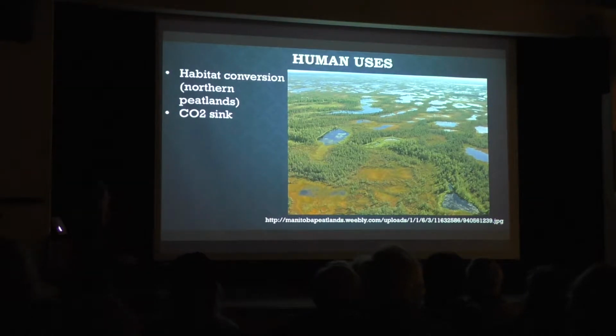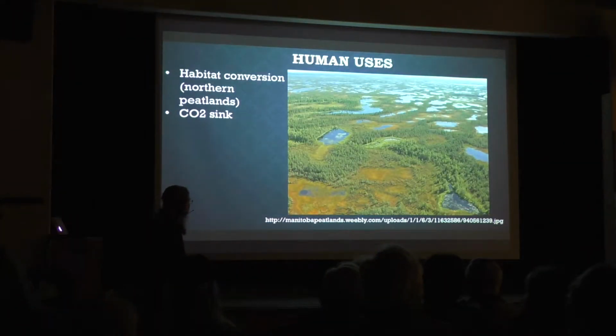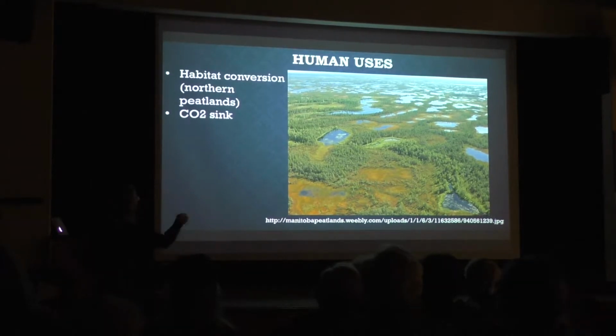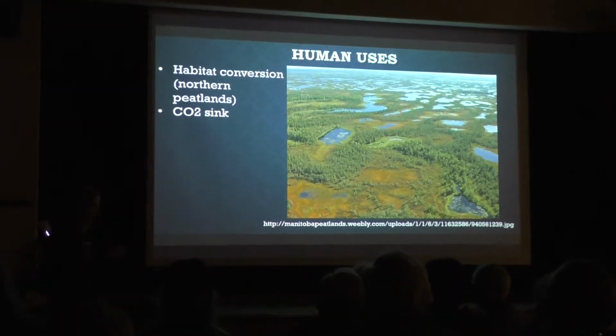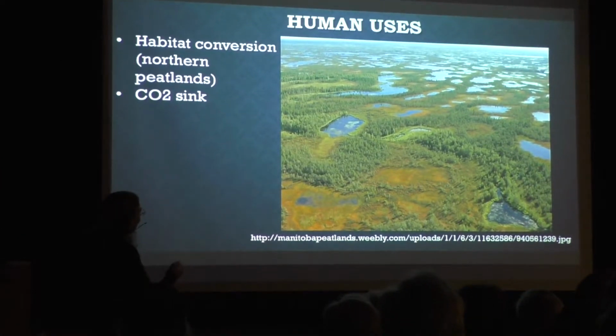So human uses. This is a picture of peatland in Manitoba. I know that because it says Manitoba peatlands at the bottom there. But you can see you have all these water pockets, right?